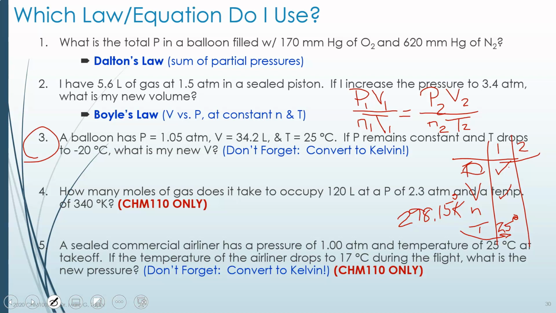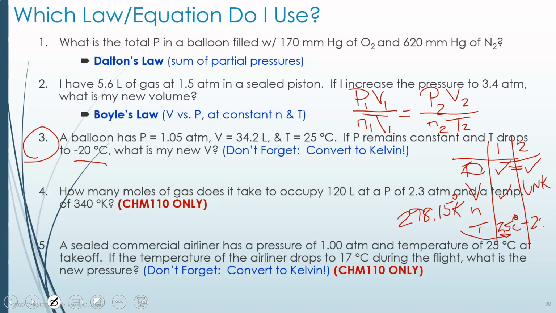And you'll do the same thing with the other information for the second condition. You're told that the pressure is constant, so that means this equals this. So you have that value, and you know that the volume is our unknown. And we have a new temperature, minus 20 degrees, and you can write the minus 20 degrees.